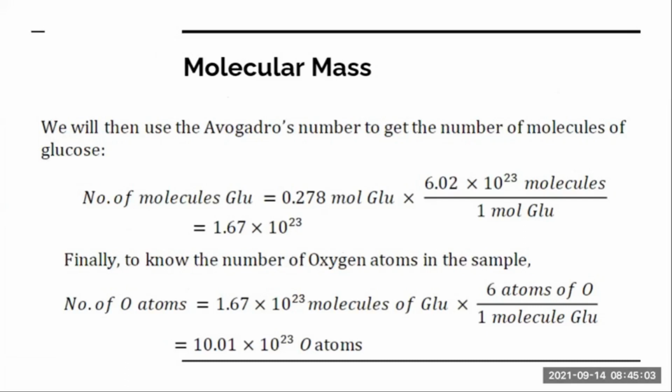Usually, when we use Avogadro's number, we don't represent it with the unit because it is just the count of the number of substance or molecules or atoms. In our last question, which is the number of oxygen atoms, we just multiply it.